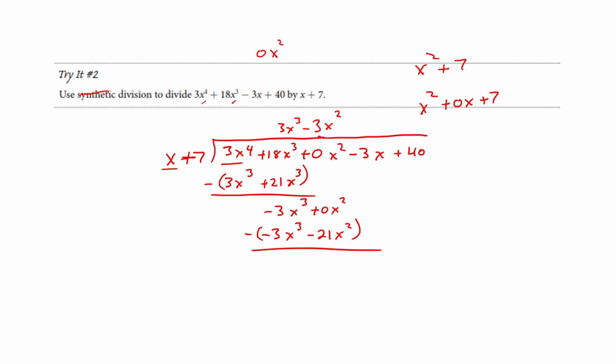Now see, I have my placeholder here, and this just becomes 21x to the second. Okay, I had my placeholder, I've used it up, so now we're going to use minus 3x. Now x into 21x to the second would be 21x.